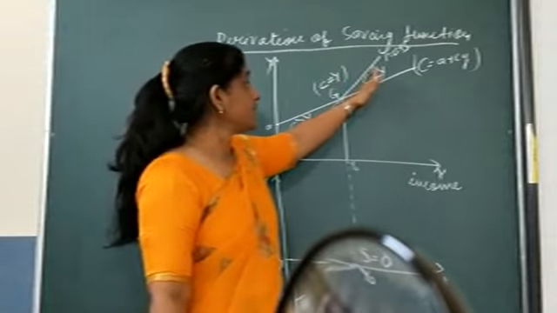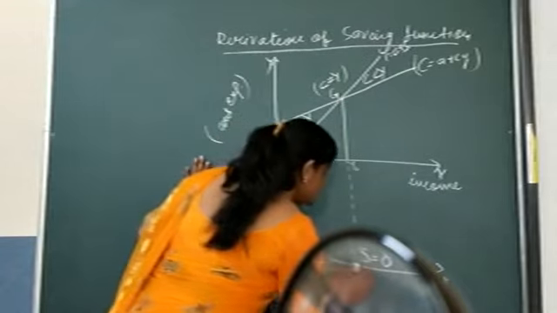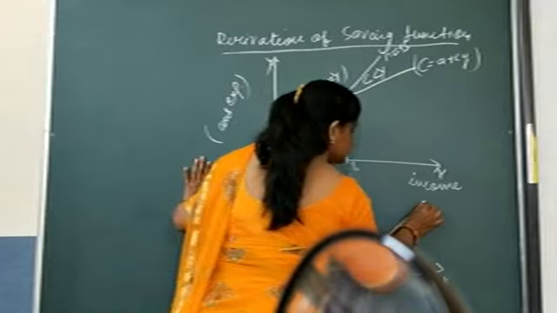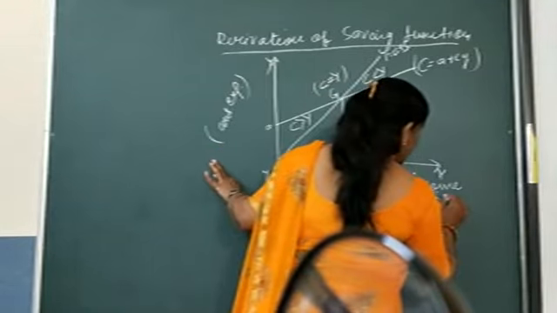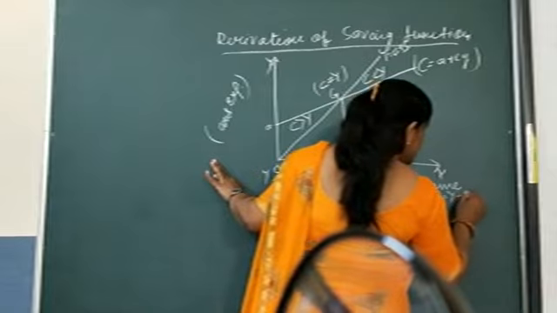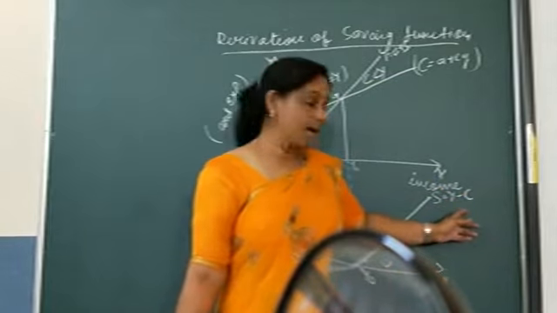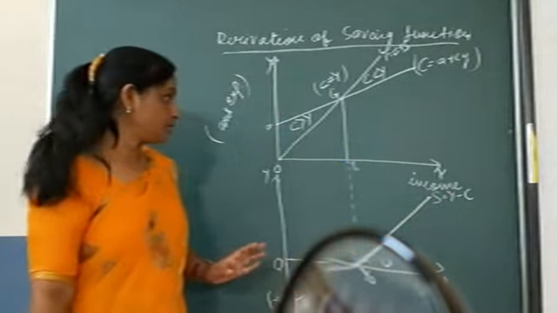But after G point, as I told you, the break-even point, when consumption becomes less than income, then actually your saving starts and it slopes upward. It slopes upward. Is it clear? This is called saving, and saving is the difference between the level of income and consumption expenditure. That is the formula of saving that I have already given you people.